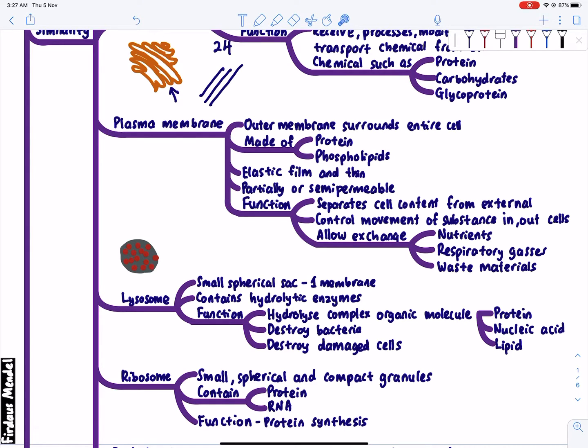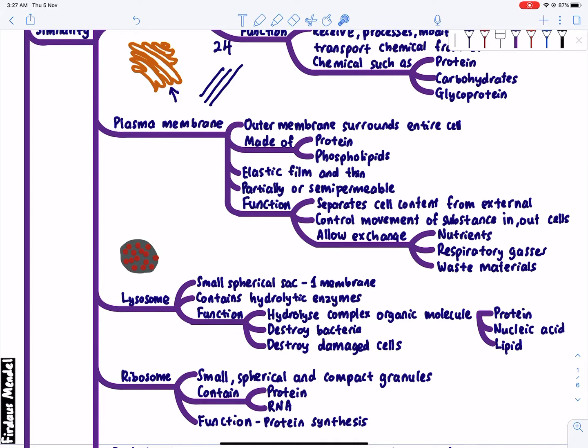What is the meaning of partially or semi-permeable? Some of the substances can easily enter the cell, some cannot easily enter. They need help so that they can enter or exit the cell, and sometimes they require energy so that they can transport that chemical substance.